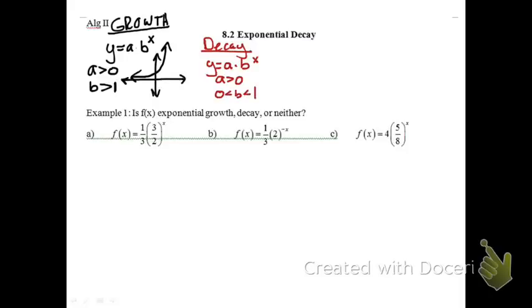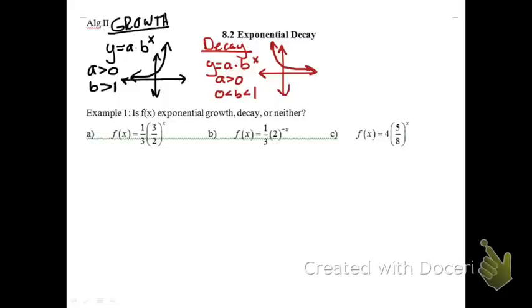So it's some fraction or decimal between 0 and 1, and that makes it a decay model. If you were to graph a decay model, you might start off very high, and then this thing will come down low and approach the x-axis, your asymptote, as you go to the right. So it's almost the reverse of exponential growth.